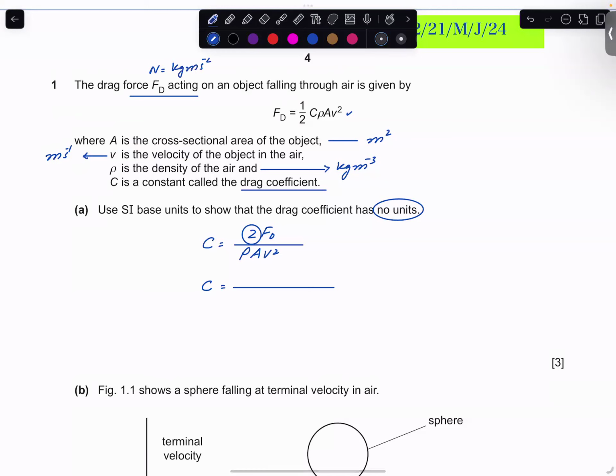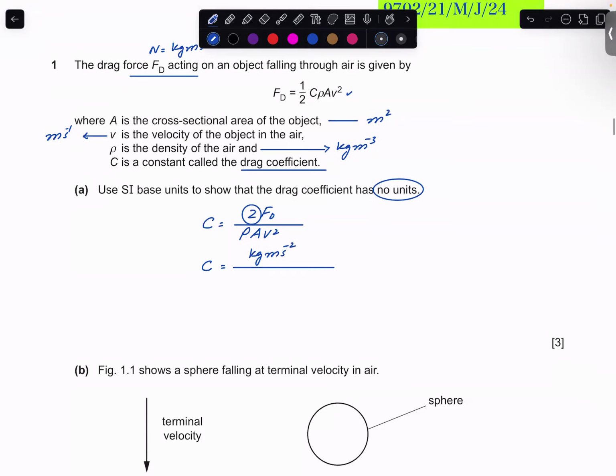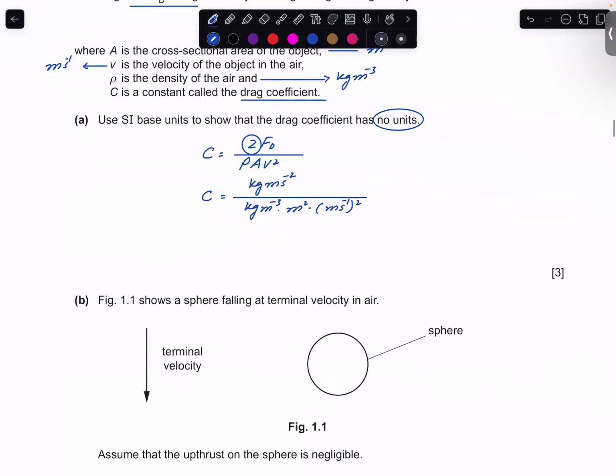So if I put all these values in this formula, kilogram meter per second squared, the unit of the density is kilogram per meter cubed, area is meter squared and velocity is meter per second, and I will apply the power also.